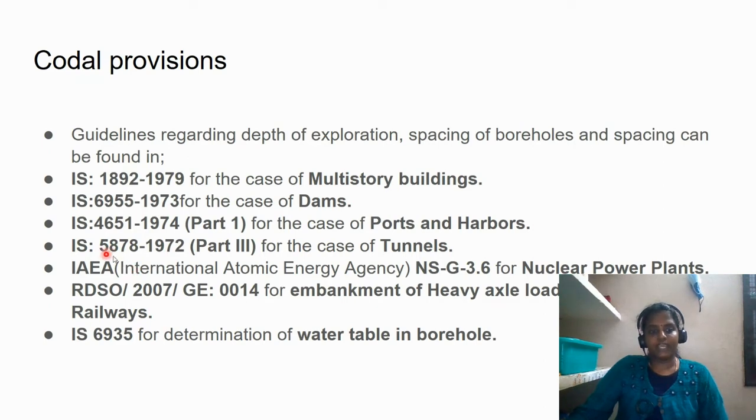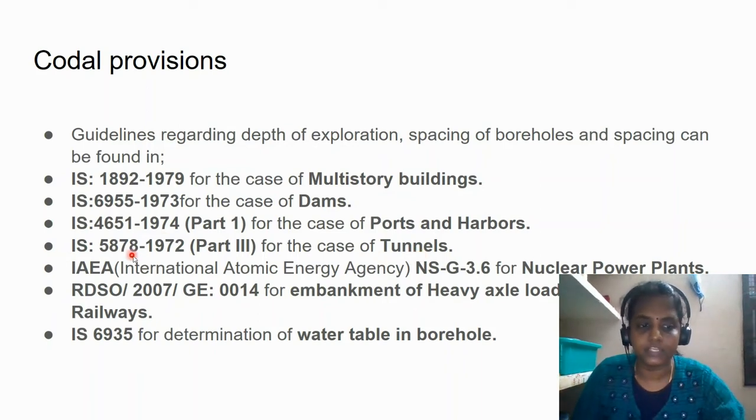So 5878. You imagine this 8 in 5878 is in the form of a tunnel. You have 2 8, and tunnel as a 2n. So if they give this codal number, you will be able to tell tunnel. At least that way you have to remember.